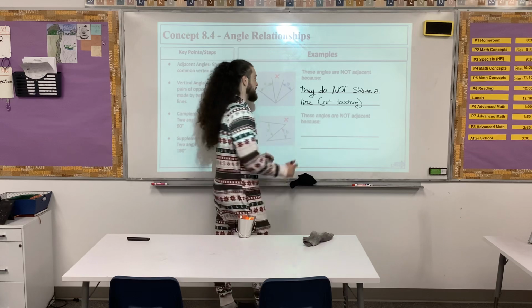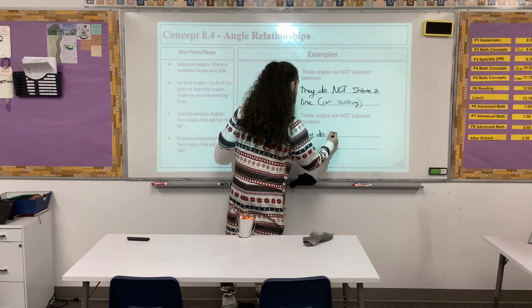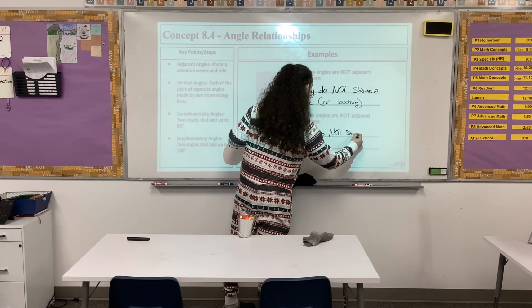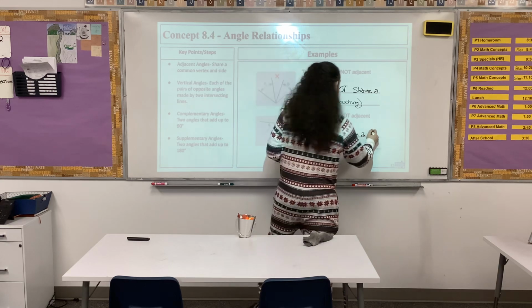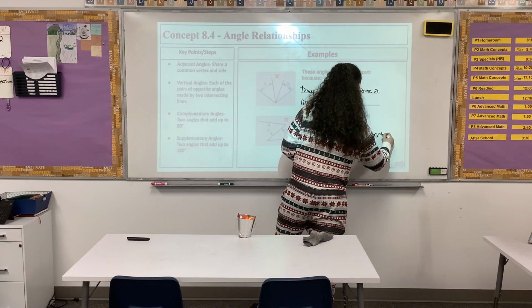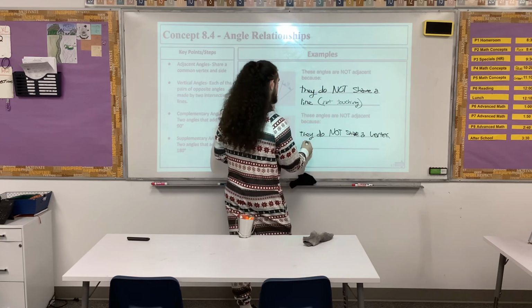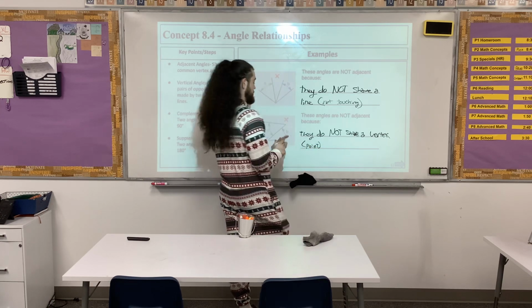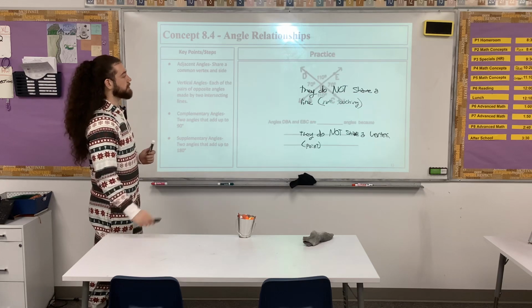So these angles are not adjacent because they do not share a vertex. Right? And so in parentheses, point. So we don't forget that a vertex is a point. Right? So they're not adjacent. Let's go ahead and move on from adjacent angles. They are pretty easy.